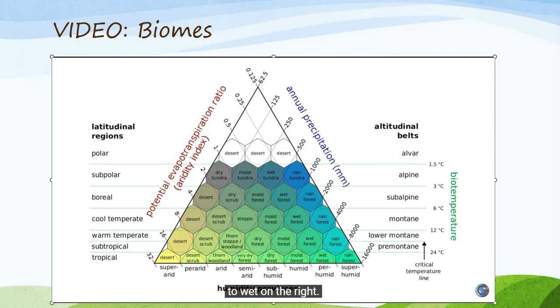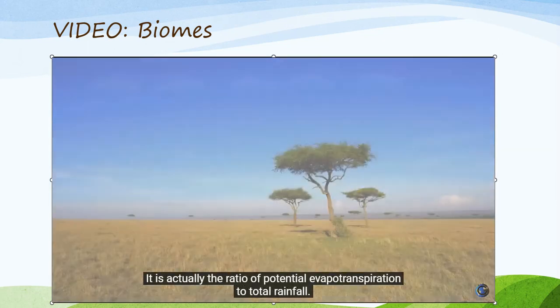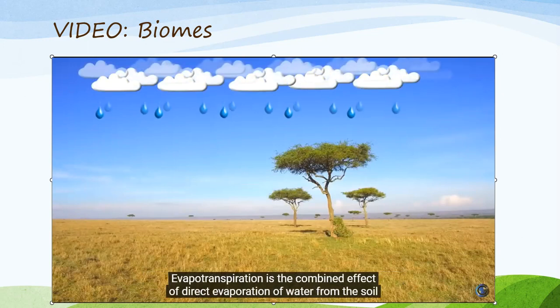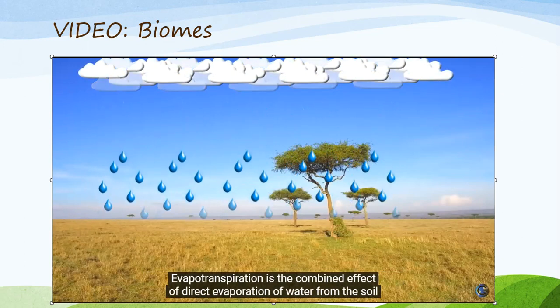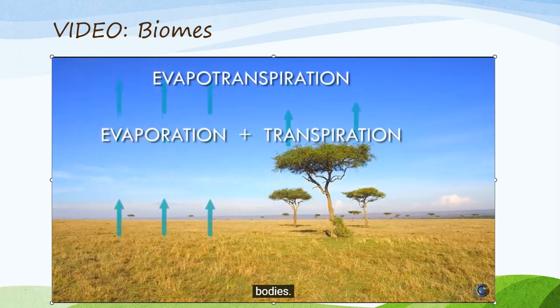wet on the right. The combination of temperature and rainfall yield a factor called the aridity index. It is actually the ratio of potential evapotranspiration to total rainfall. Evapotranspiration is the combined effect of direct evaporation of water from the soil, plus the outward transpiration of water from plants through the gas exchange cells in their bodies.